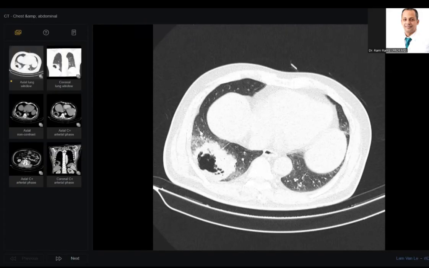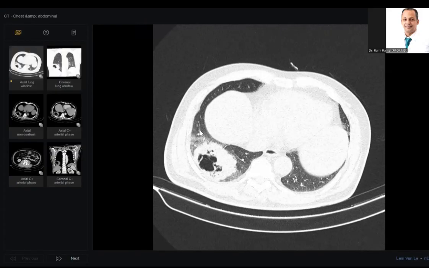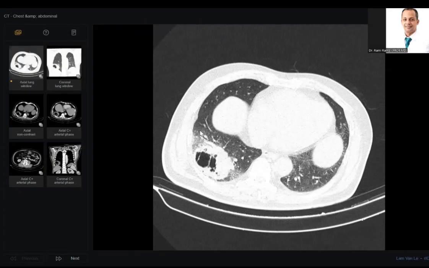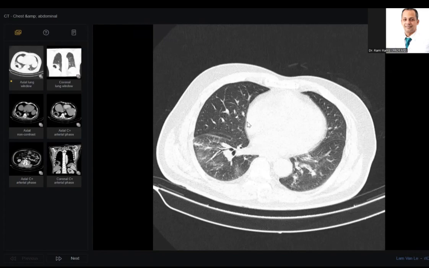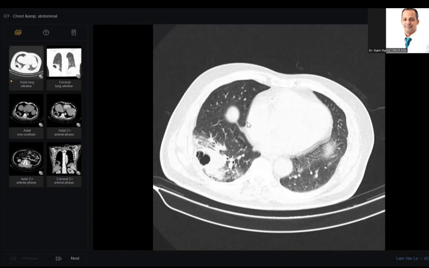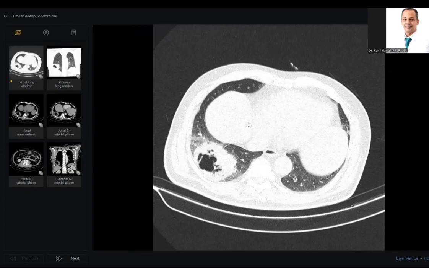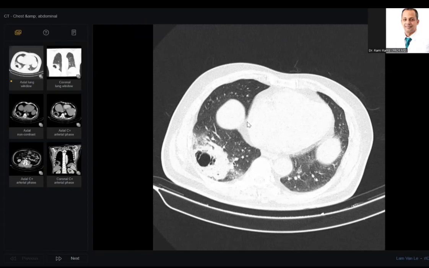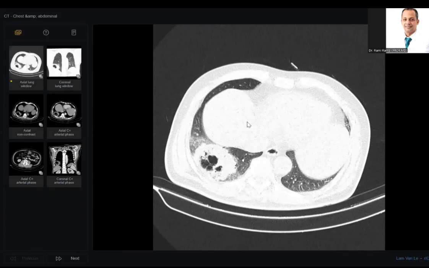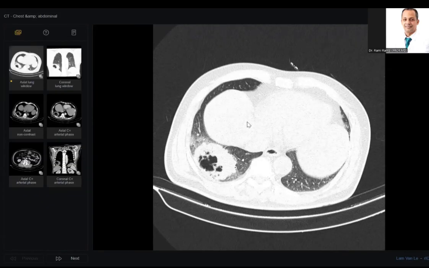There is reticular septal thickening in the surrounding lung field. In the left lower lung zone, I can also appreciate mild ground glass haze. Next, I would like to look at the mediastinal window. This is the only available image.